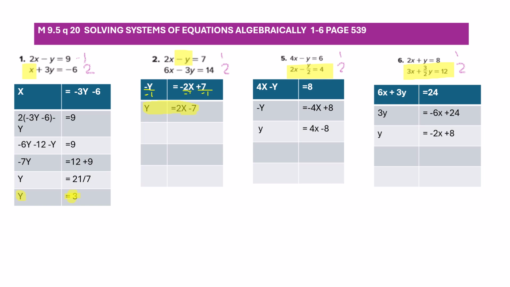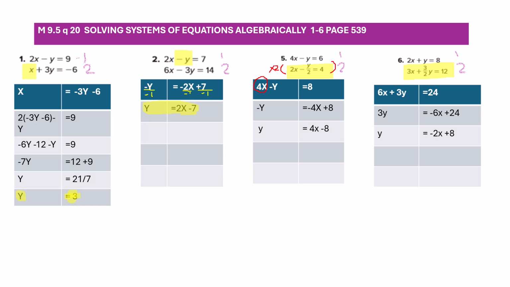For number 5, as I said, you have a fraction. In order to remove the fraction, you multiply each term by 2. So 2x multiplied by 2 will give me 4x. Multiply the whole term by 2.